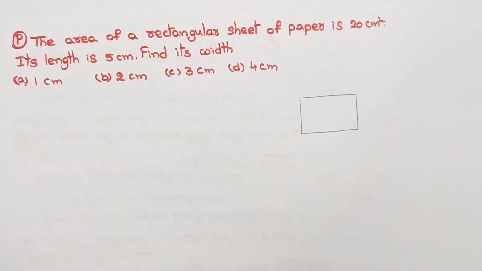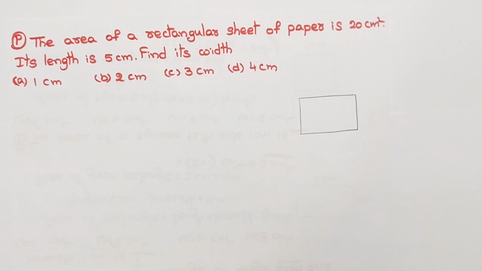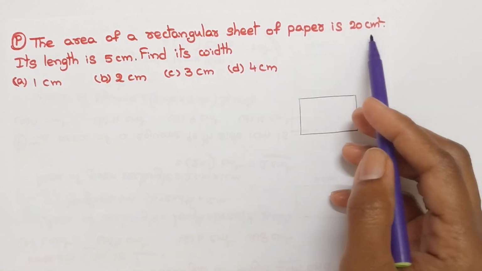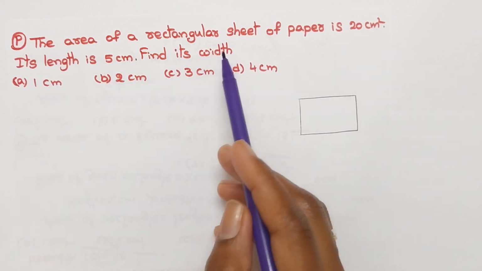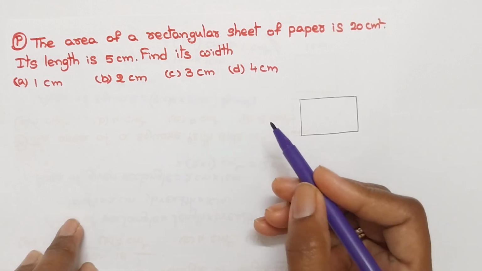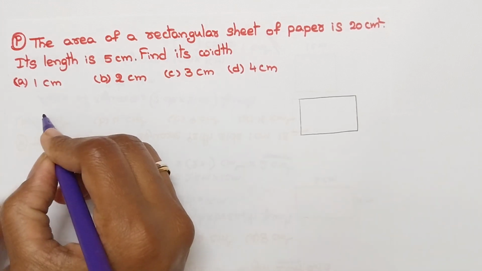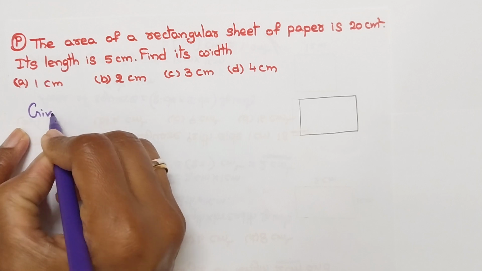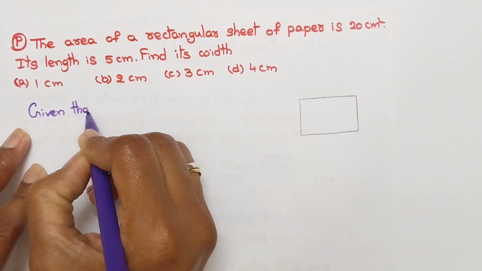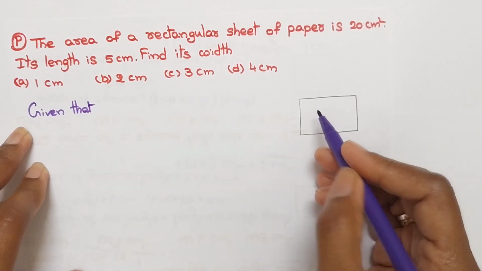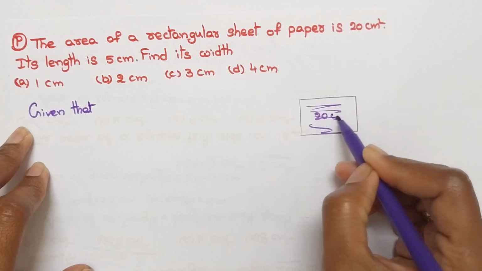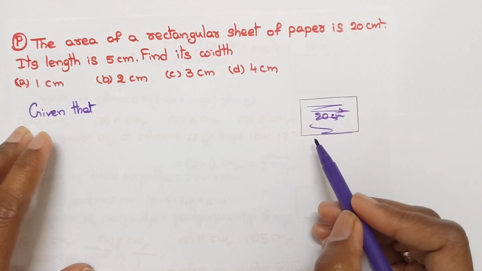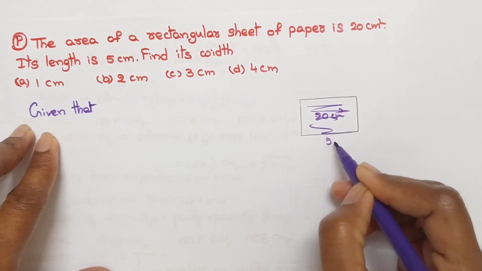Now we solve this problem. The area of a rectangular sheet of paper is 20 centimeter square. Its length is 5 centimeter. Find its breadth. They have given the area as 20 centimeter square and length 5 centimeter.